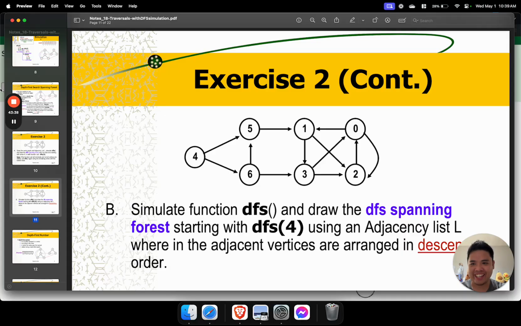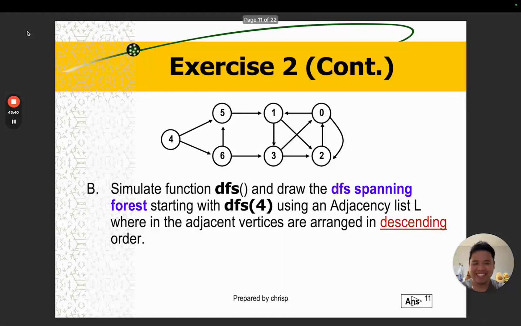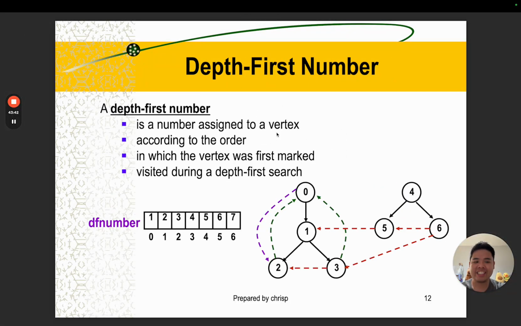Apparently, we are not yet done with this lecture. So let's keep going. What is a depth first number? It is an array containing, rather than visited or unvisited, the number assigned to the vertex according to when the vertex was first marked.